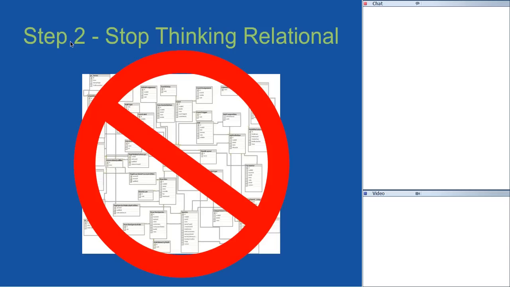With Mongo, one of the first things you want to do, instead of thinking about it in that regard, is think of your data as far as how the application wants it. If your application is asking for data formatted in a certain way, consider storing it in the database that way, rather than having to join data together when you bring it back out.